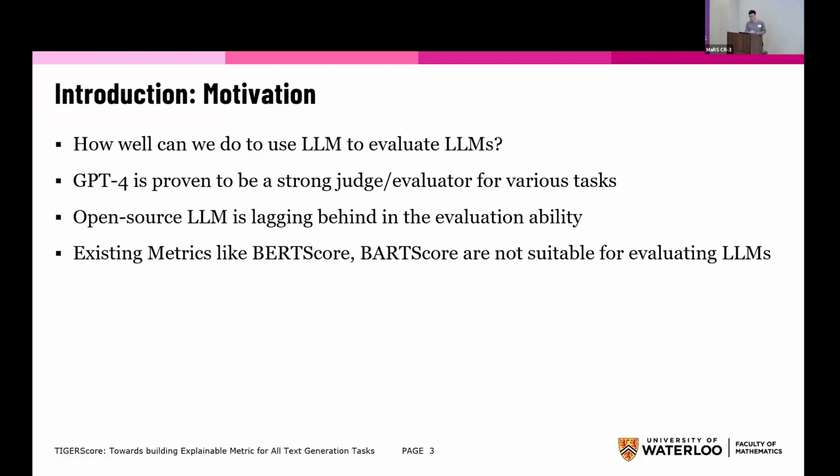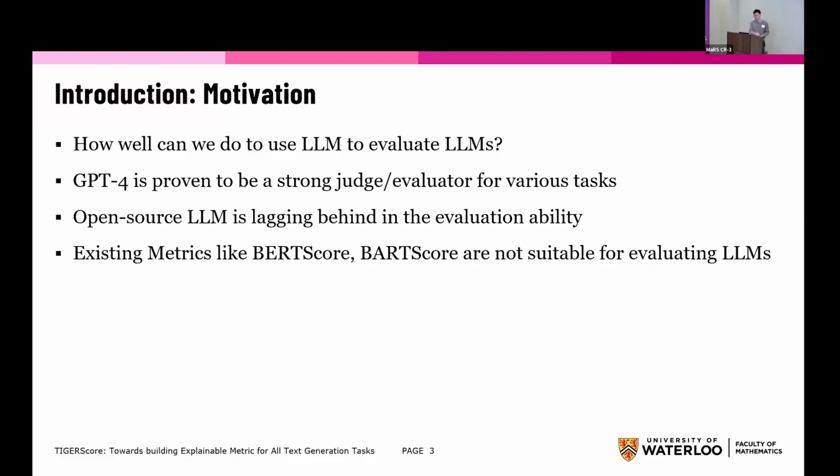Okay, so first, what is TIGERScore aiming for? The basic motivation is that we want to know how well we can use large language models to evaluate large language models. Currently, GPT-4 has been proven to be a very strong judge, or evaluator, for various tasks. You can see GPT-4 as a judge in many benchmarks, and AlpacaEval might be the most famous one.